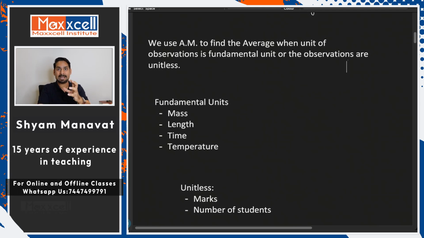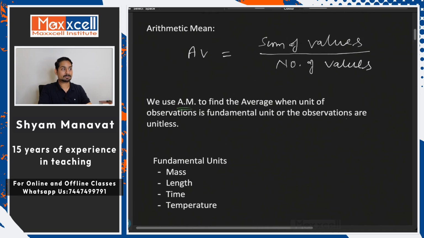So average height, average length, average distance we calculate using what? Arithmetic mean. What is the formula of arithmetic mean? Sum of values by number of values.